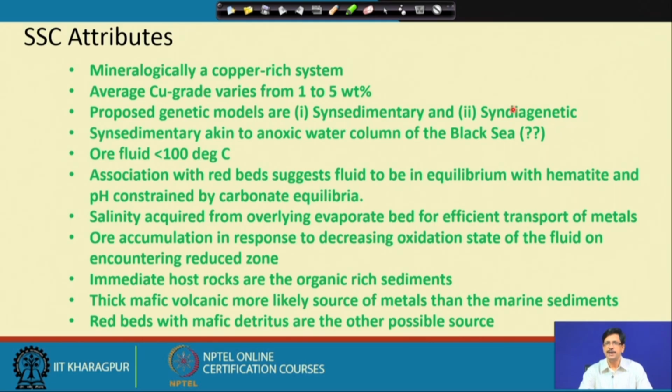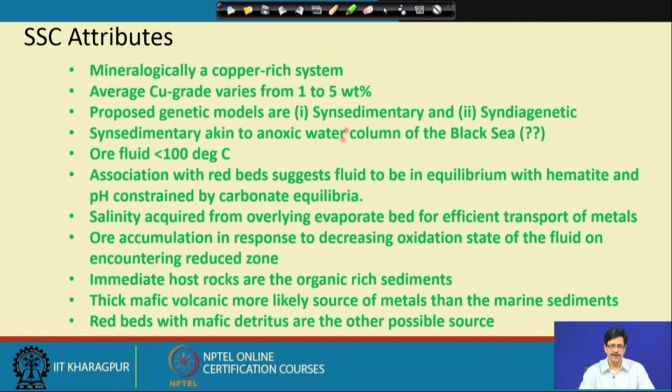The other one is syn diagenetic, in the sense that the deposit formation follows the stage of compaction and very low temperature situations in which the minerals start to reconstitute, or some very low grade metamorphic minerals start to form.